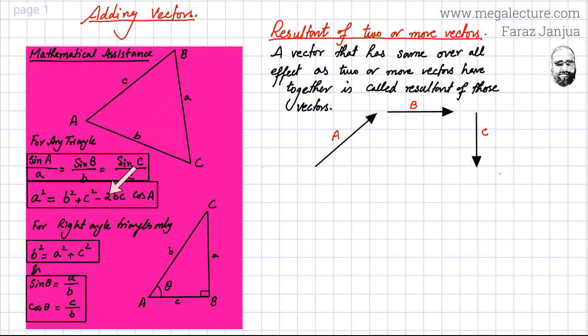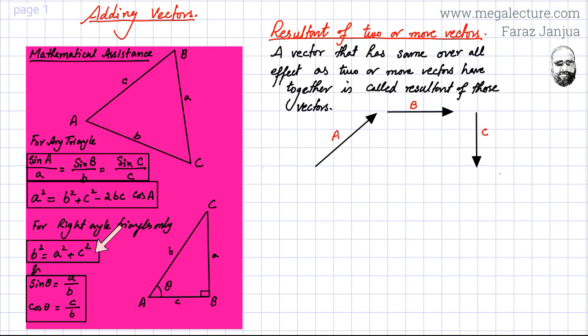If we are finding side a, we need to find all this and then take the square root of the whole thing, because this is a squared, not a.